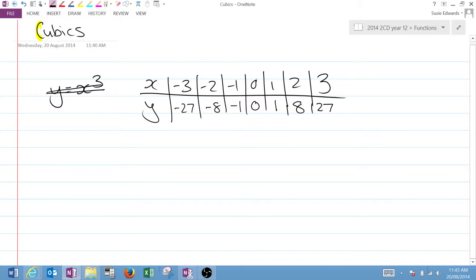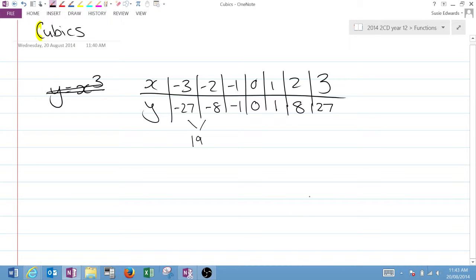Now, how did we work out if something was linear or not? It has a common first difference pattern, yeah? So, we check that first. So what's the difference between -27 and -8? What have we done to get there? We've added on 19.